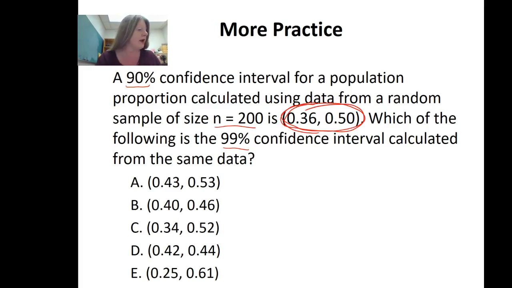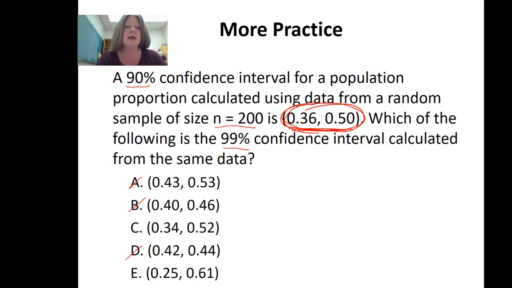I'm hoping that right away there are a few things here that you can easily eliminate. Right off the bat, I would say D, B, and A are all things that we can eliminate. I'm hoping that you're thinking about the fact that if this is the 90% interval, the 99% interval would have to be wider if we're using the same data.